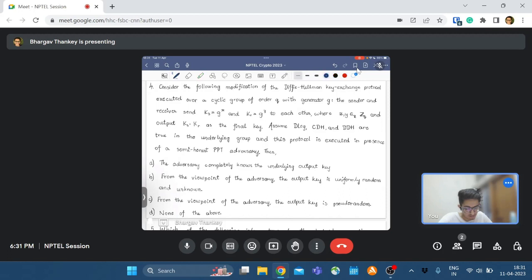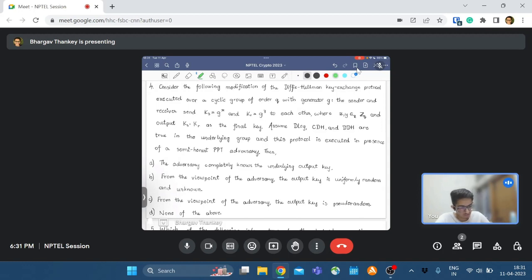Option B is, from the viewpoint of the adversary, the output key is uniformly random and unknown. Option C is, from the viewpoint of the adversary, the output key is pseudo-random. And option D is none of the above.